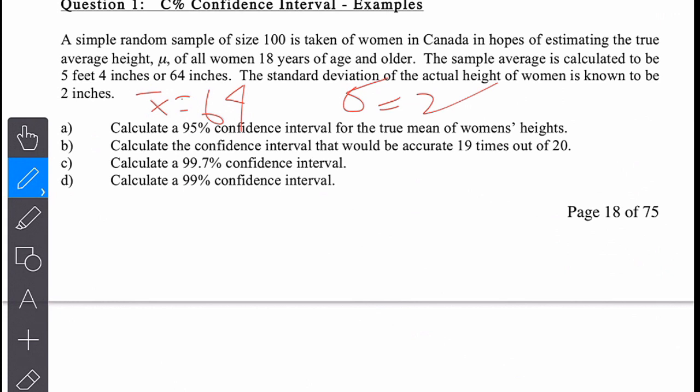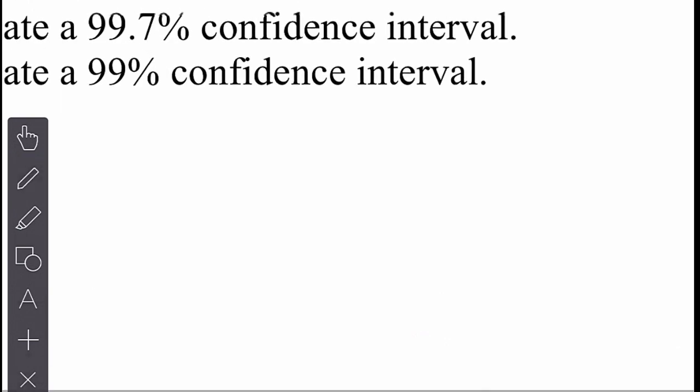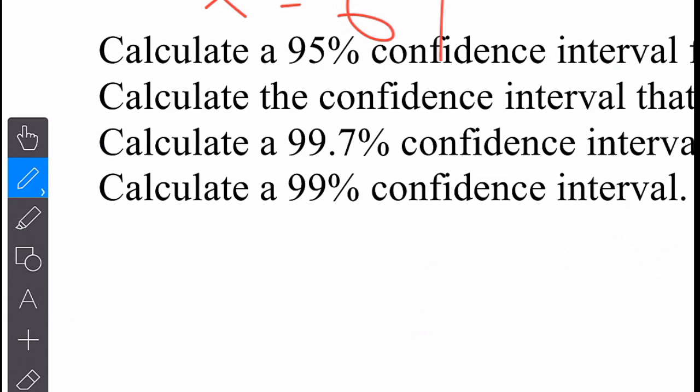So the 95% confidence interval of the true mean of women's heights is going to be X bar plus or minus z star sigma over root n.